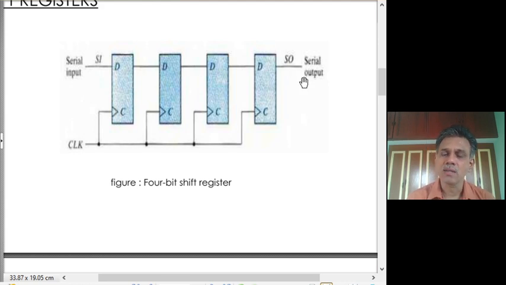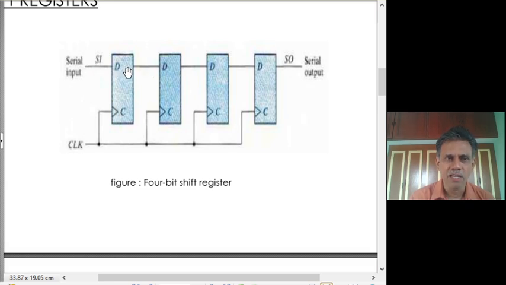Suppose you want the bits to move towards the left hand side. How do we do it? One way is, it's only a conceptual visualization of which is right and which is left, you can just take this flip-flop and then flip it. That is, if you flip the page, then you would get a different version of shifting. Or the other way is, just you put the serial input here and put the serial output here.